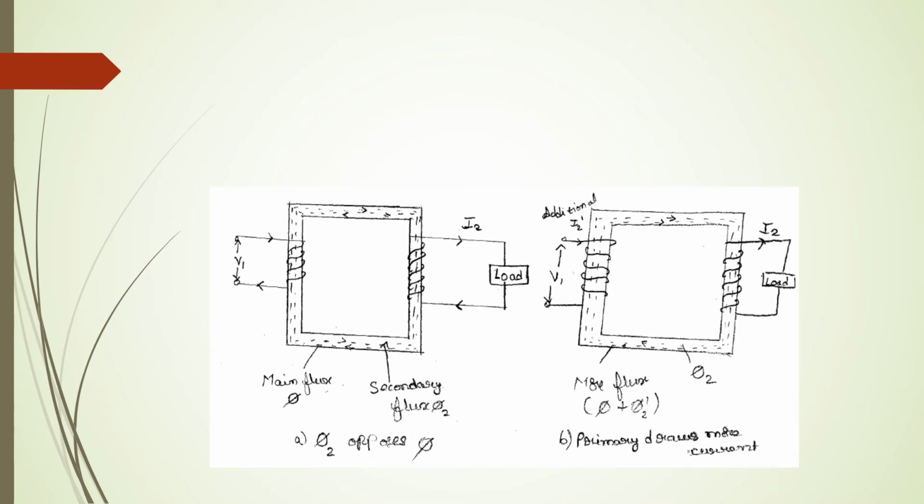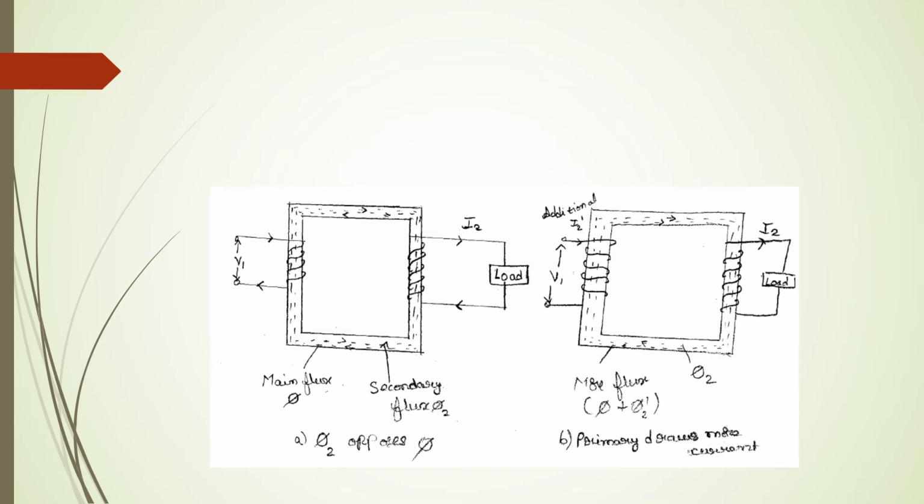Due to that, the secondary current sets up its own flux phi2. This flux opposes the main flux phi, which is produced in the core due to the magnetizing component of the no load current. The flux phi2 reduces the main flux phi1, due to which the primary induced EMF E1 also reduces.